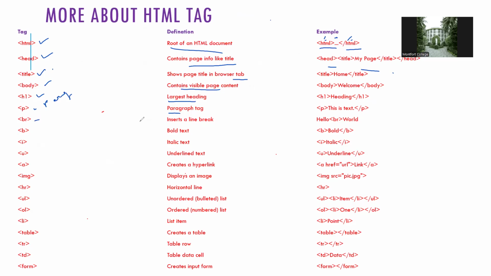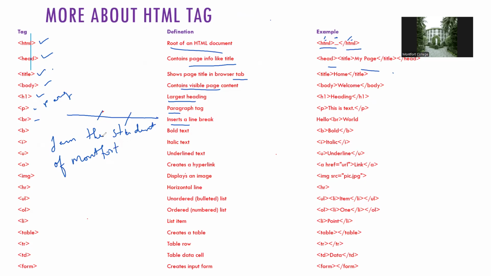BR tag is called the break tag. It inserts a line break. For example, I have one sentence: I am a student of Montfort.